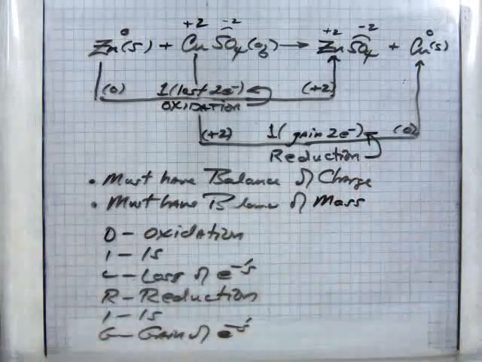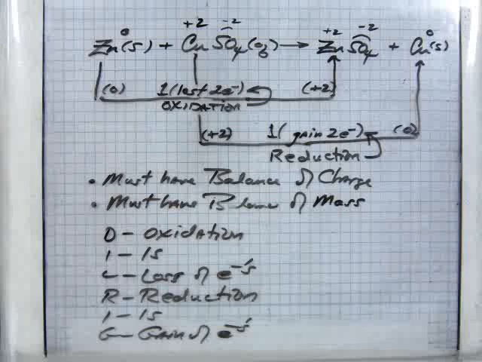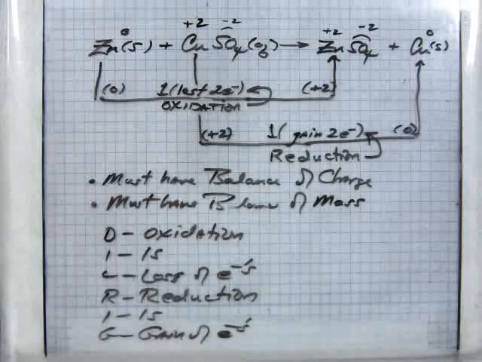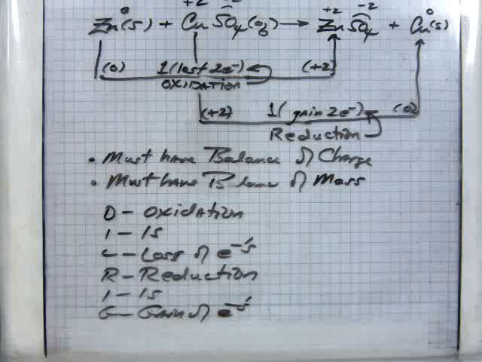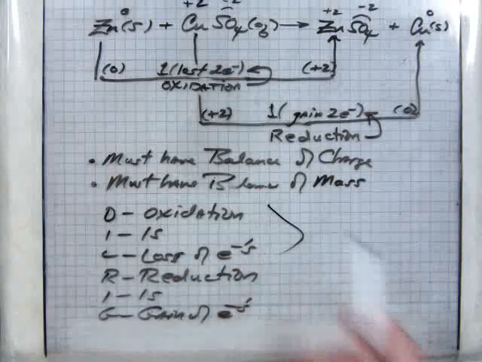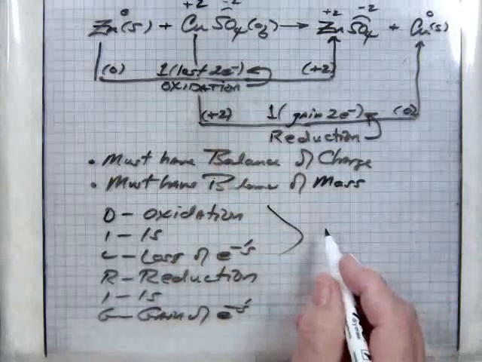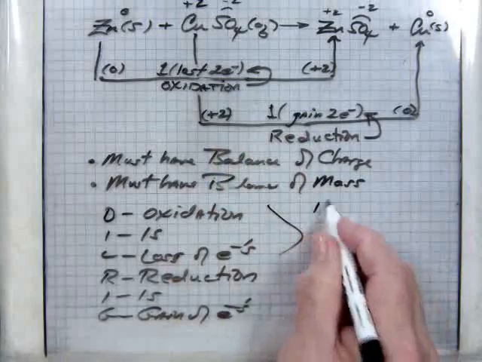Now, in this context, listen to what I'm about to tell you. These are processes. This is gain and loss of electrons by process. Now, in this, we see the oxidation. Another way to write these is what we call half reactions.